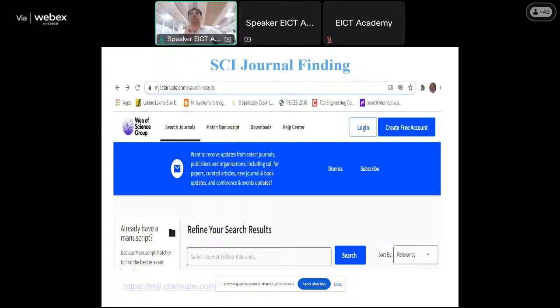Okay, so that is Clarivate Analytics. Clarivate Analytics is a group which has a list of Scopus, ESCI, SCIE and SCI. जो मैंने 4 कैटेगरी बताई ना, वो चारों कैटेगरी की जर्नल आपको अगर फाइंड आउट करना है तो इस डेटाबेस में मिलेगी. Okay, so this is a website.